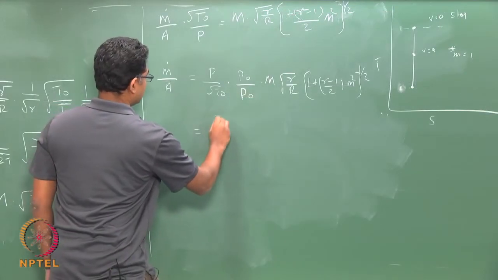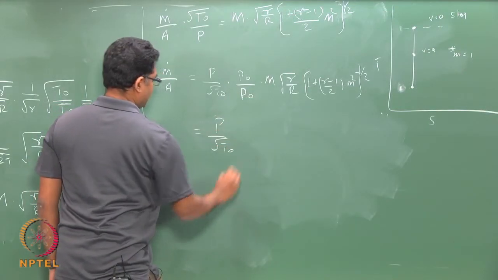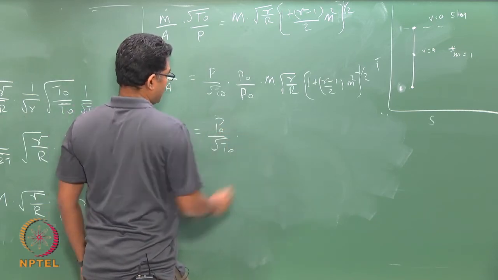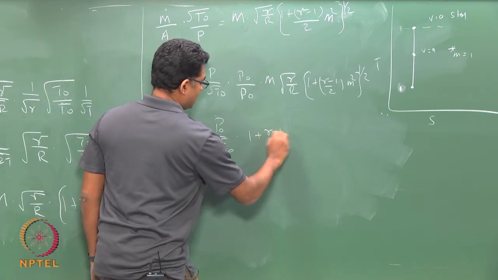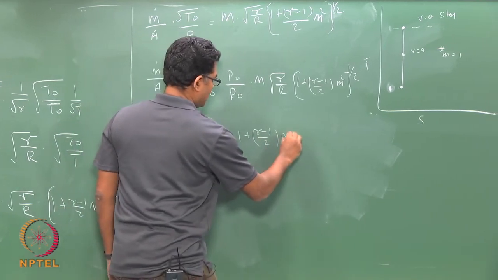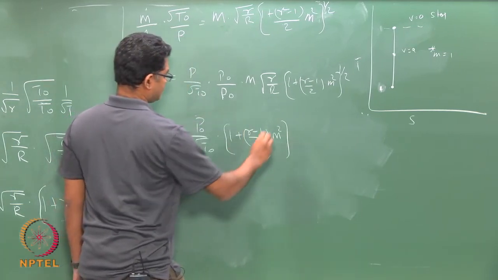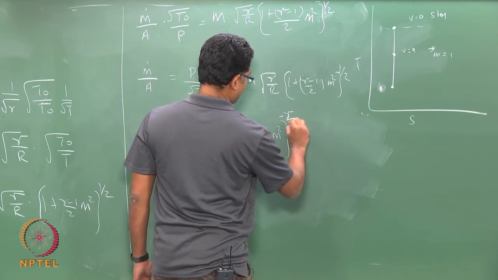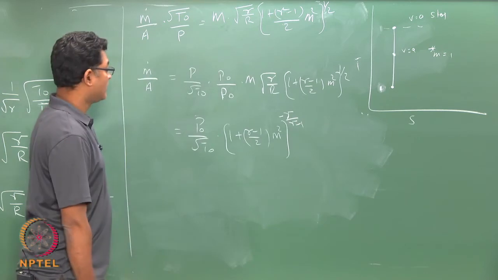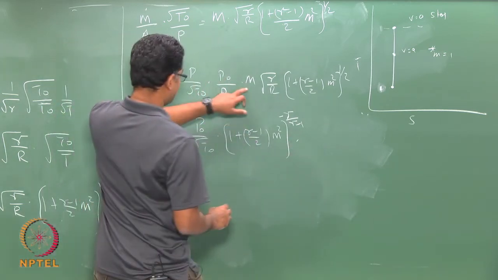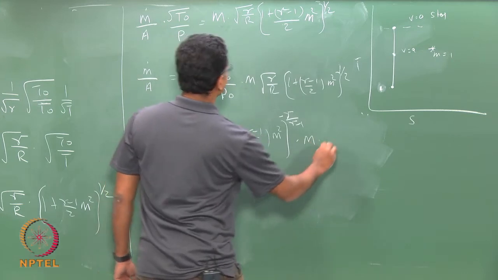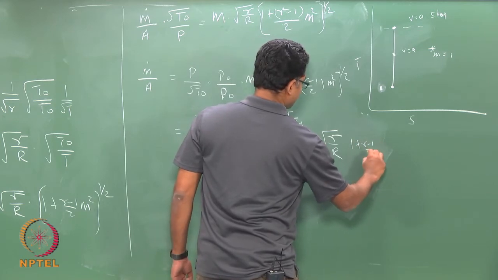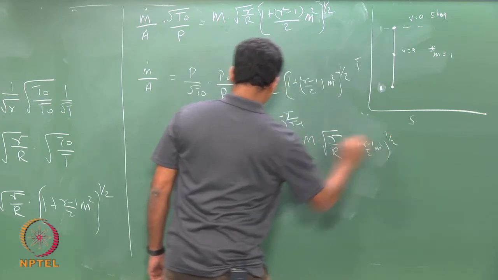So this is equal to P0 by root T0 into P by P0, which is 1 plus gamma minus 1 by 2 M square to the power minus gamma by gamma minus 1, into M, root of gamma by R into 1 plus gamma minus 1 by 2 M square to the power 1 by 2.